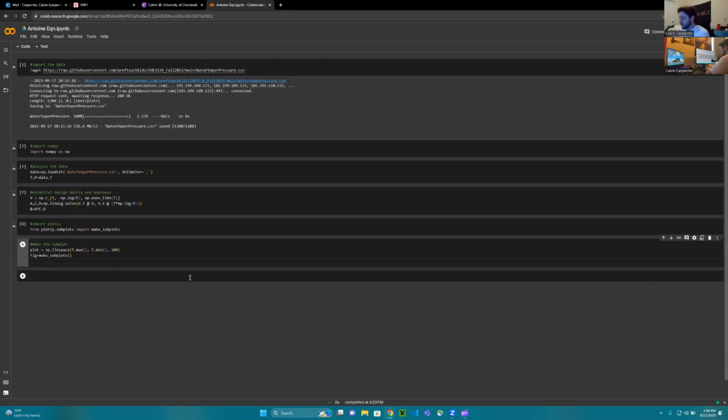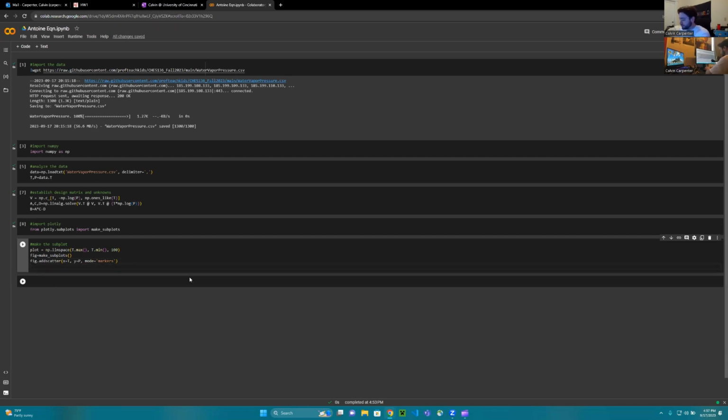All right, so next we're going to add our scatters. So fig add scatter. Our x is going to be our t. Our y is going to be our p. And then our mode is going to be markers.